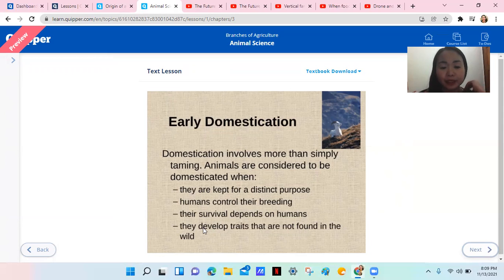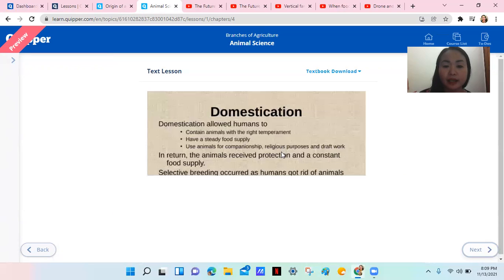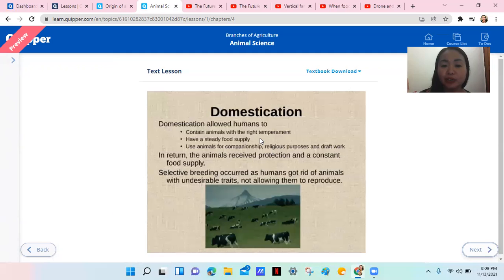And they develop traits that are not found in the wild, like for example, they are able to understand some signs or symbols that we have trained for them. Okay, and domestication also allowed humans to contain animals with the right temperament.